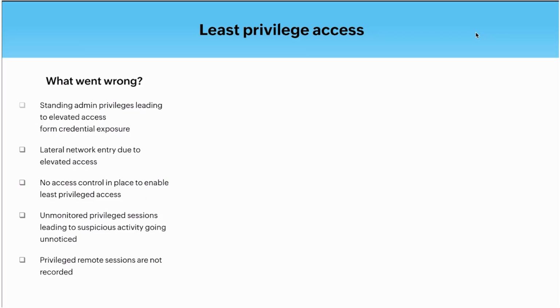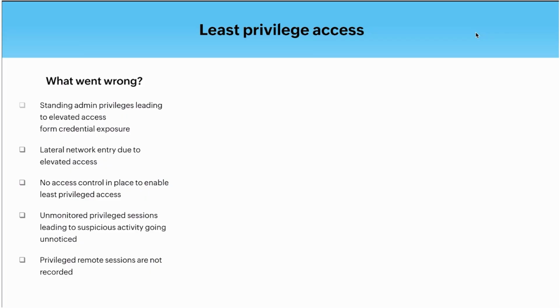No access controls are in place to enable least privileged access, because Sneha does not need access to the PAM tool. Sneha only needs access to the machine that is stored in the PAM tool. And these sessions that are launched by Sneha to perform her installation tasks go unmonitored, and hence, if suspicious activity is noted, these sessions cannot be terminated by an administrator.